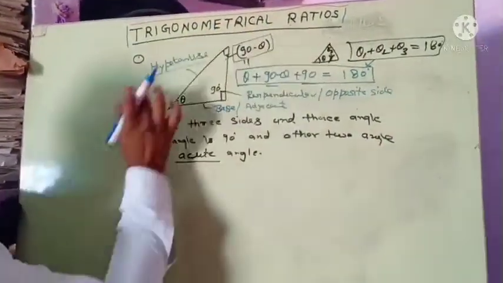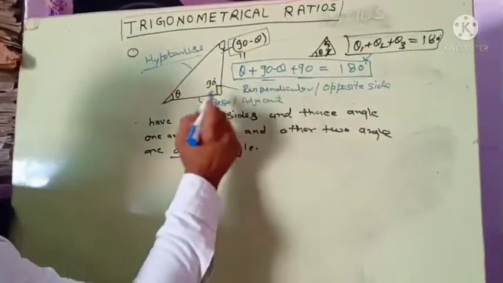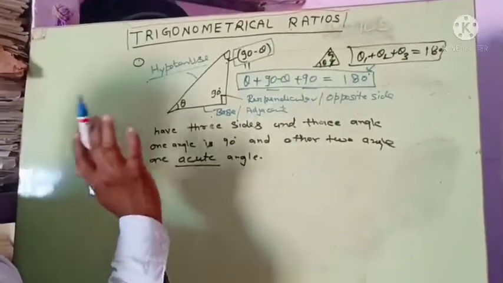Here hypotenuse, perpendicular and base are the three sides.